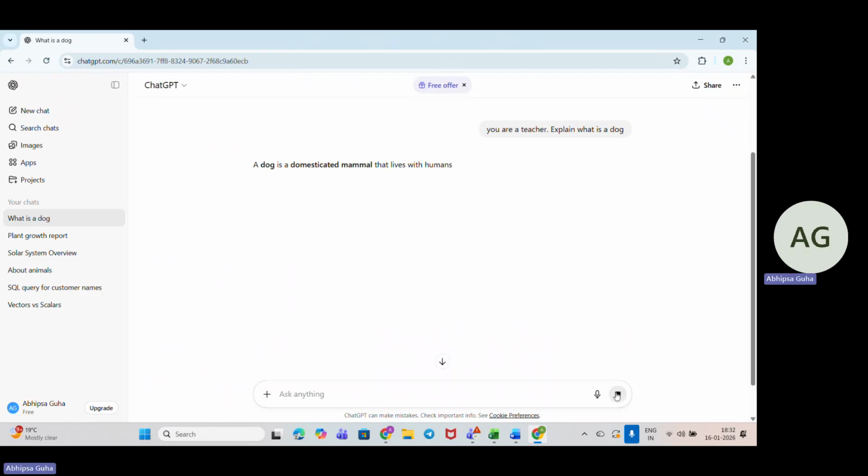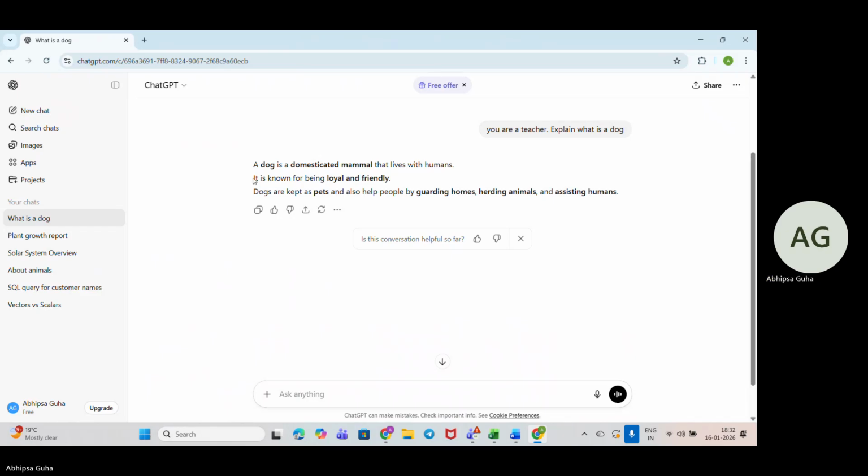I'll go here, and now you can see the details it has given. A dog is a domestic mammal that lives with humans. It is known for being loyal and friendly. Dogs are kept as pets and also help people by guarding homes, herding animals, and assisting humans. Right? This is what it has given. Similarly, you will be adding the other things.